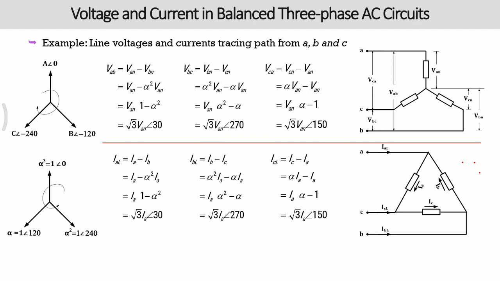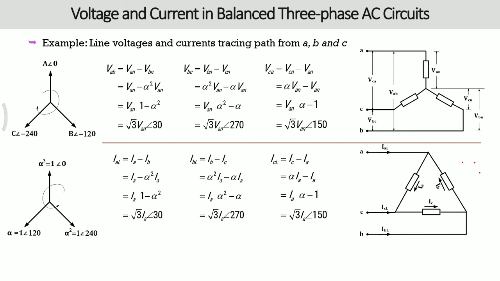You already know that in a star connection, currents are the same in line and phase. So whenever you have a star connection, there is no need to convert the line values into phase values and phase values into line, because the line and phase values of current are the same in a star connection. But when we are dealing with the delta connection, then at that time you must calculate the relationship between the phase and line current.